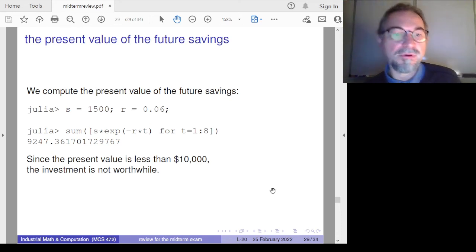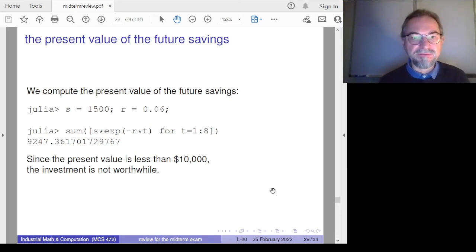That can be done with a simple computation. So this is the inverse interest computation, where instead of using a positive interest rate, or here the discount rate, we use the negative rate. So we have the minus R, and we run this for 8 years. So the t in the sum starts at 1 and then runs through 8.